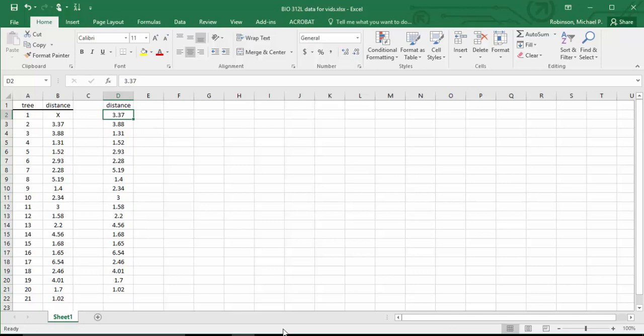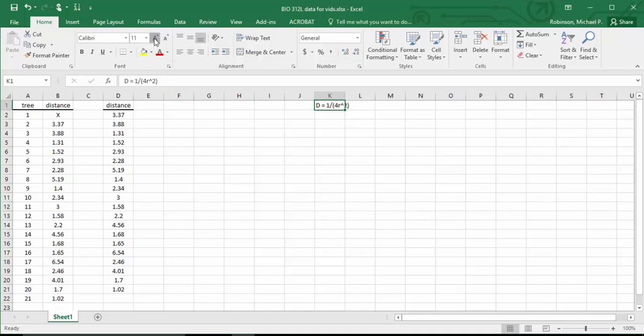Now, for what I'm going to do here, it's important that we keep them in the same order. You don't have to have them in the same order for other things, but for this particular exercise they have to be, because we're going to look at the effect of adding additional trees to our sample. So we're going to use this equation: D is equal to 1 divided by 4r^2, with the caret meaning squared.